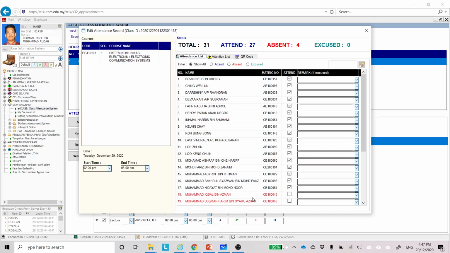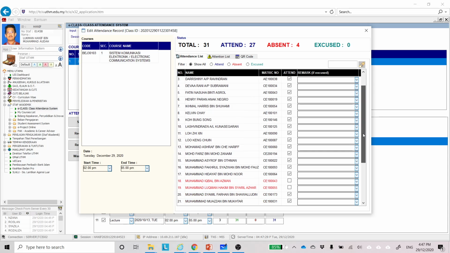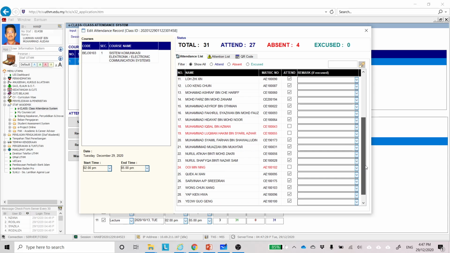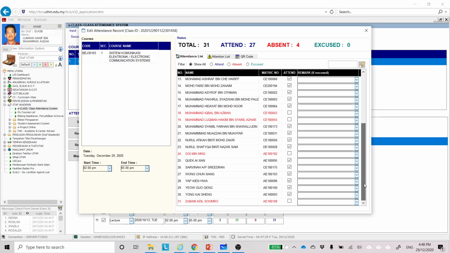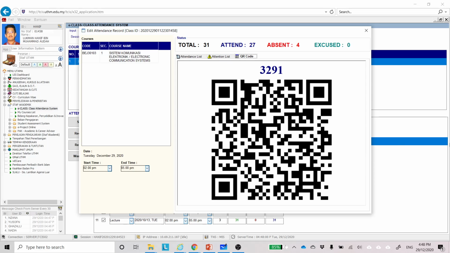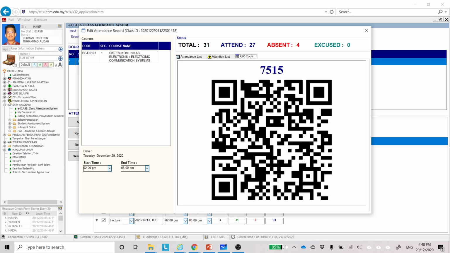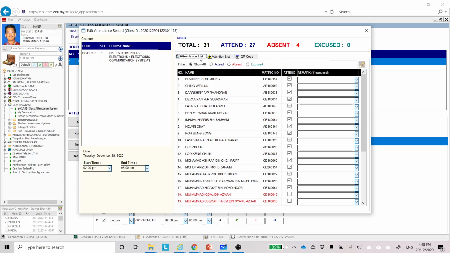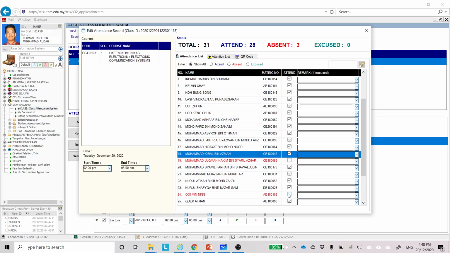So kalau kita lihat Muhammad Iqbal, Muhammad Lukman Hakim, Ming Ning mana? Ada. Dan juga Zubair. Saya ada. Belum scan. Saya pun belum scan, doktor. Buka pakai phone, susah nak scan. Iqbal. Siapa Iqbal? Okay. Oi Ming Ning je. Okay.